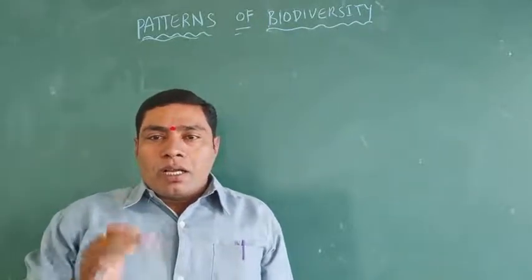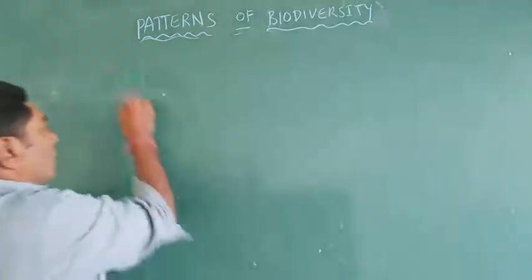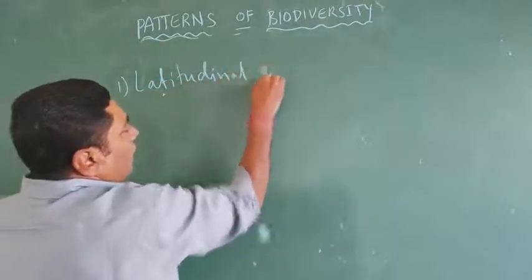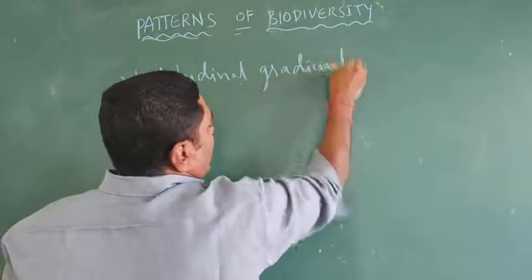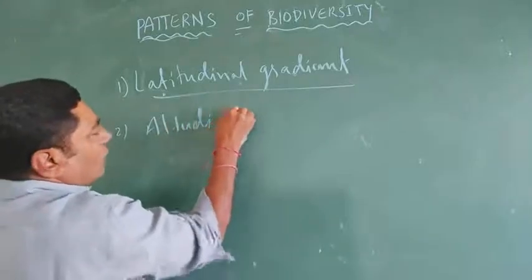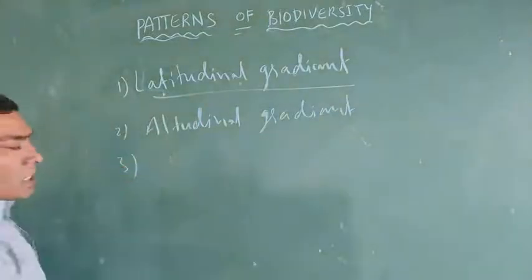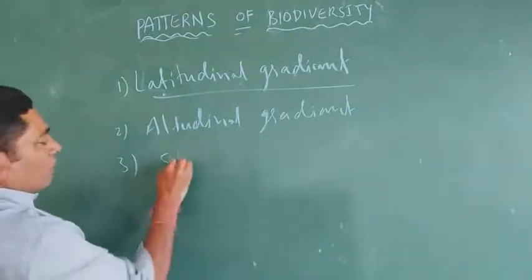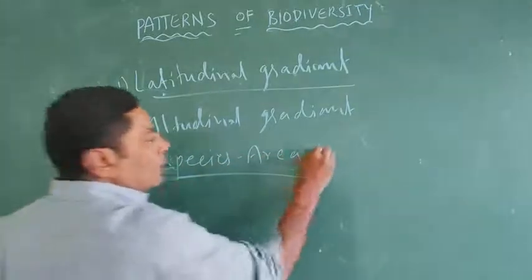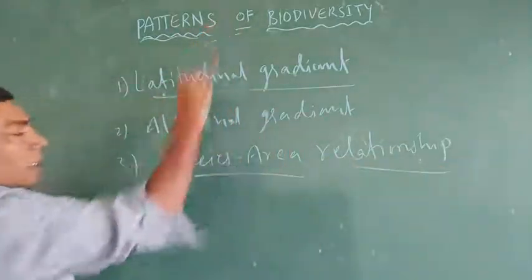The first one is the latitudinal gradient of biodiversity. The second one is the altitudinal gradient of biodiversity, and the third one is the species-richness area relationship, the species-area relationship. So these are the three types of biodiversity patterns.